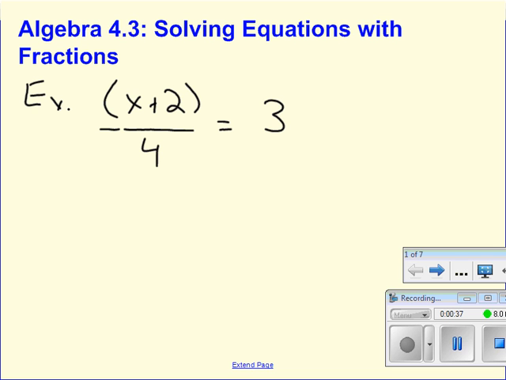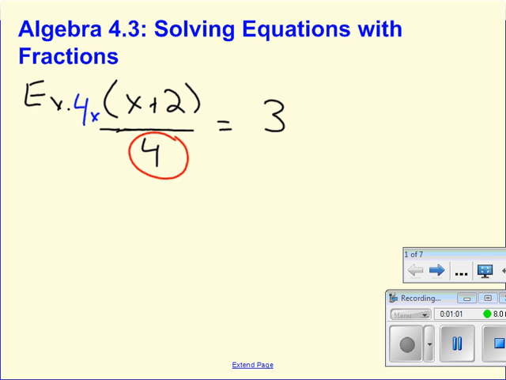Just like all the other times where we solve an equation, if we want to get rid of anything that's problematic, we're going to have to do the opposite operation to it. If I want to get rid of the fraction 4, I'm going to have to multiply this side of the equation by 4.